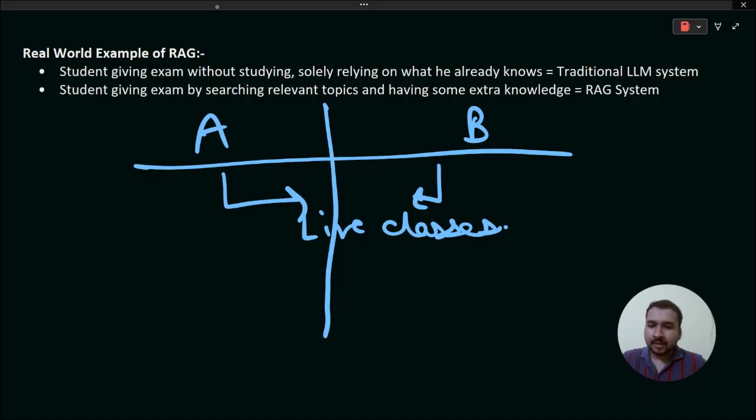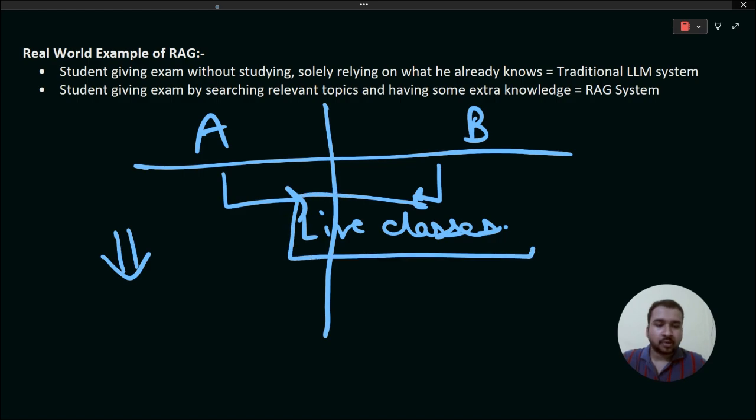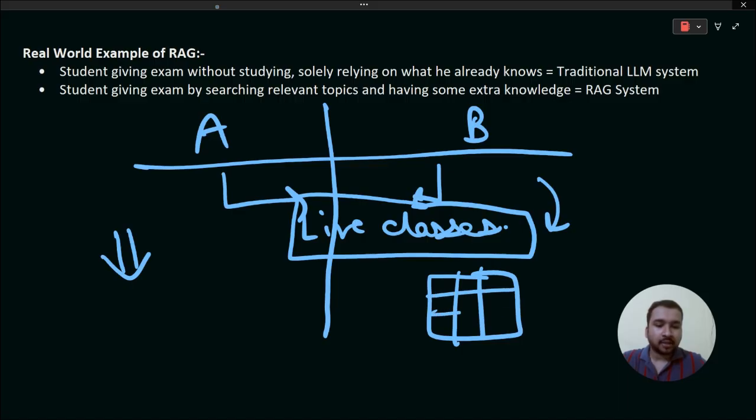But what A did is he only relied on whatever he was taught in the live classes. B, being a smart person, also studied the notes provided by the instructor, so he had more context, and he relied on that context to answer the questions more accurately and with confidence in the exam.